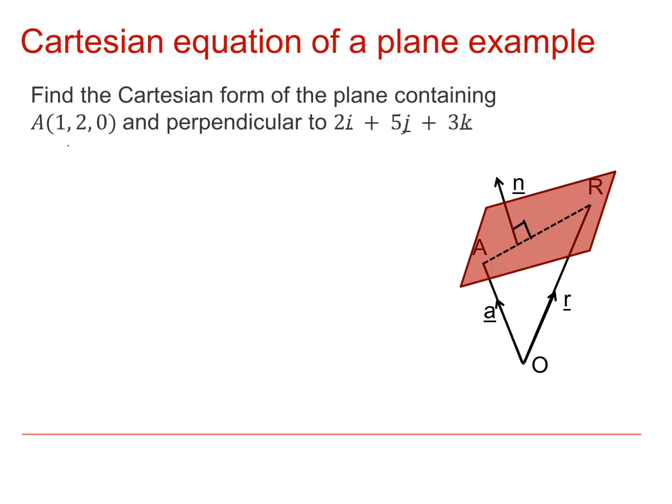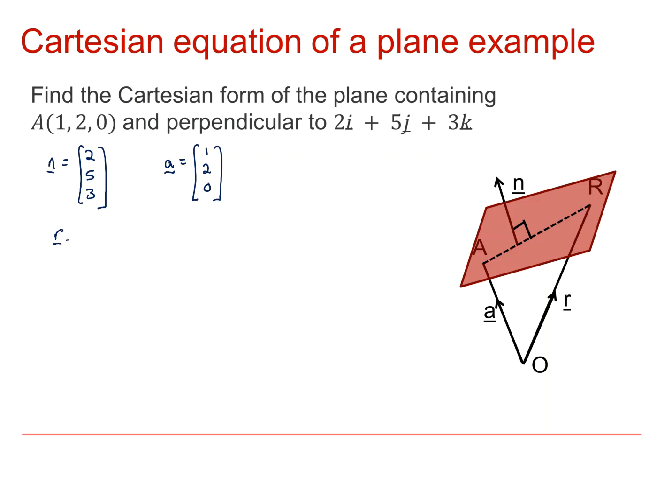I've got a point A, 1, 2, 0 in my plane, and I've got the normal vector to the plane. So, the normal vector is 2, 5, 3. And the position vector of my point is 1, 2, 0.